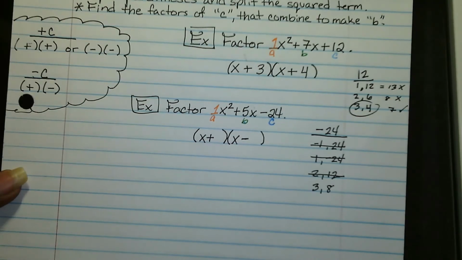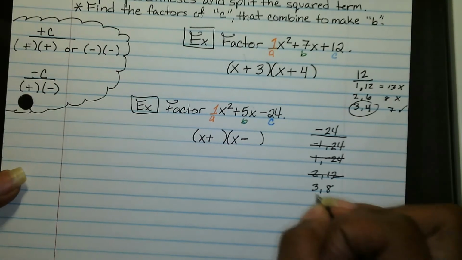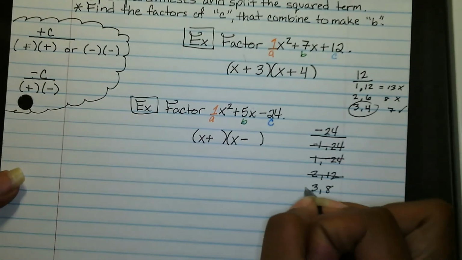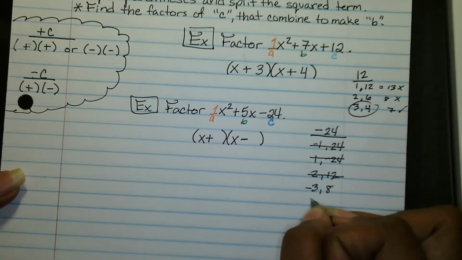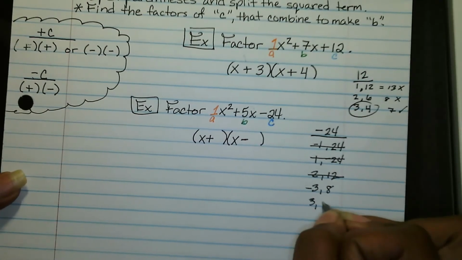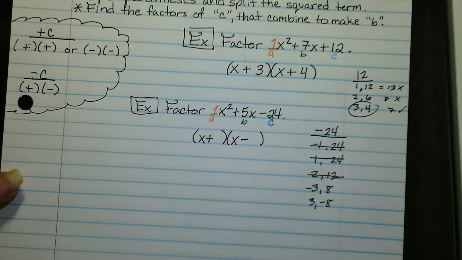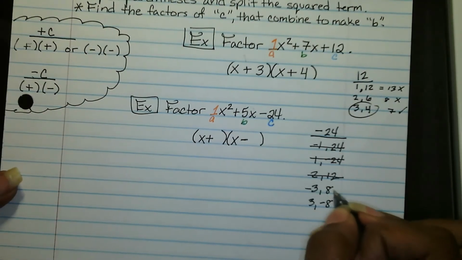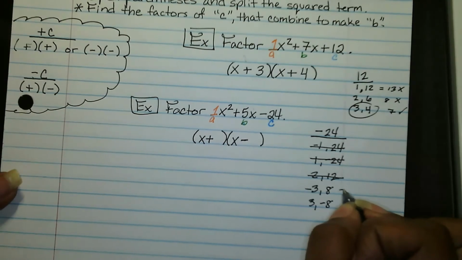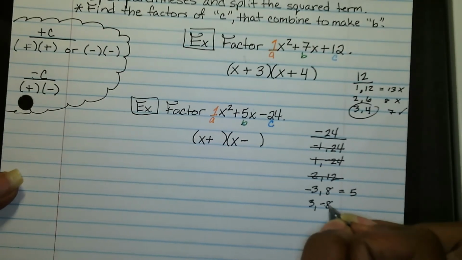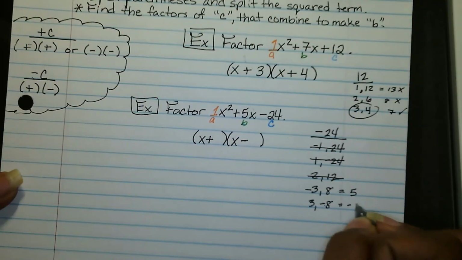Okay, so you can either look at it as this is a negative 24, so one of these has to be negative. So your two combinations: negative 3, positive 8, or positive 3, negative 8. And then just see which one will give you a positive 5. Negative 3 plus 8 is positive 5. 3 minus 8 is negative 5.